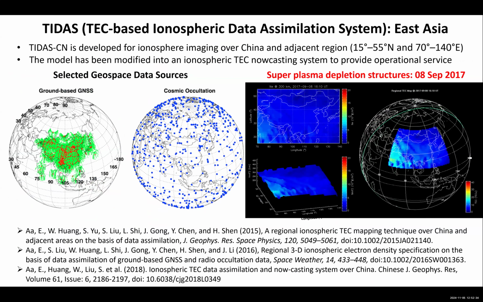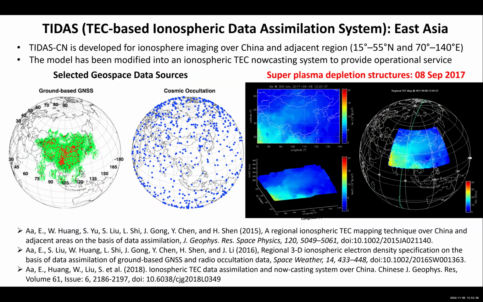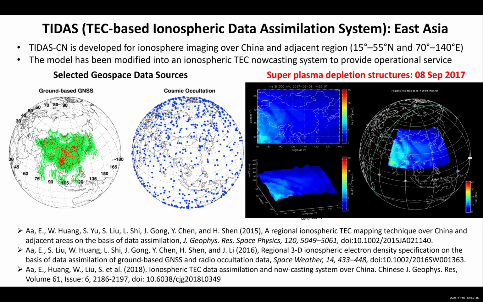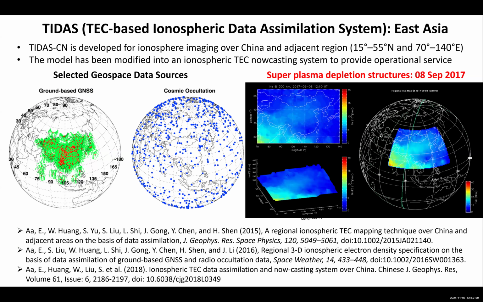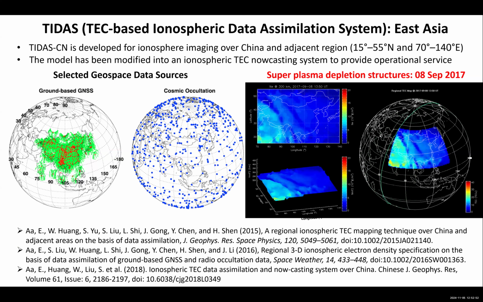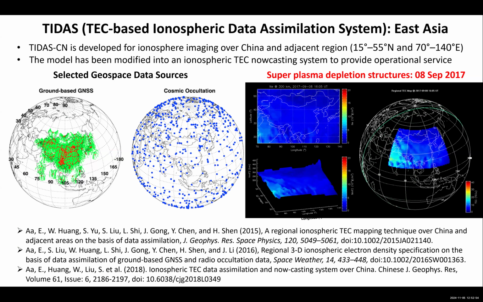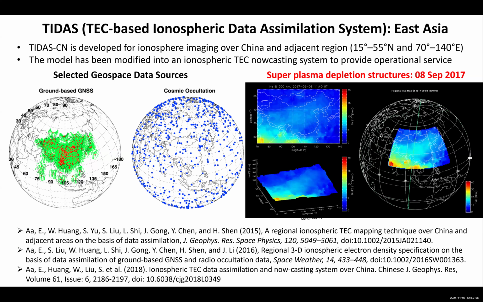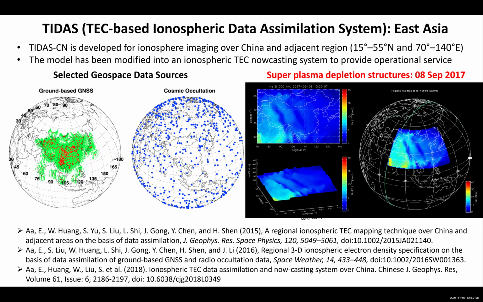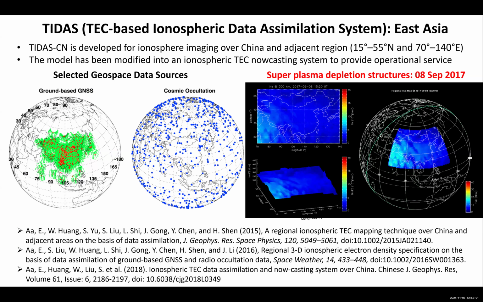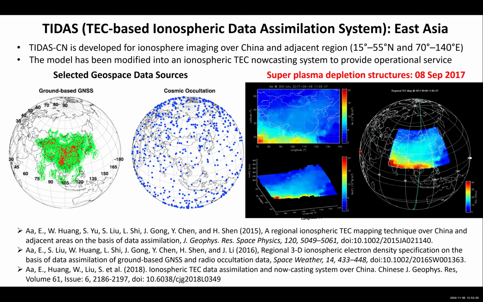For the mesoscale structures, in the horizontal plane, I'm comfortable with 1 degree by 1 degree, because over these regions, when I do data assimilation, I get very dense GNSS receiver coverage. So if the mesoscale structure is on this kind of scale, it would be resolved by the data assimilation results.